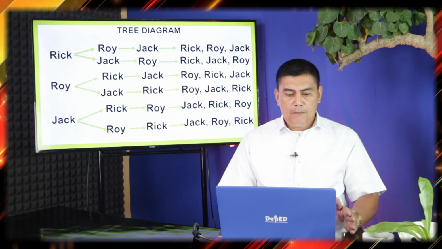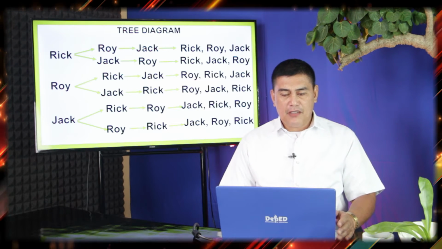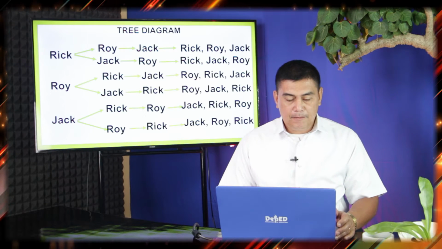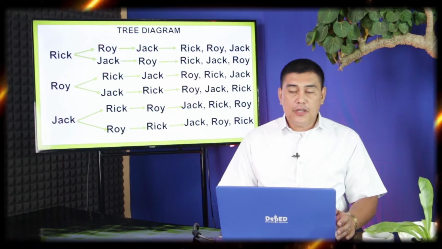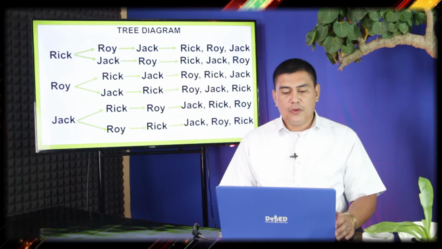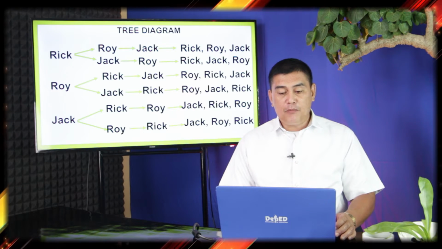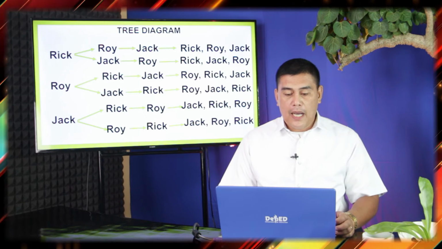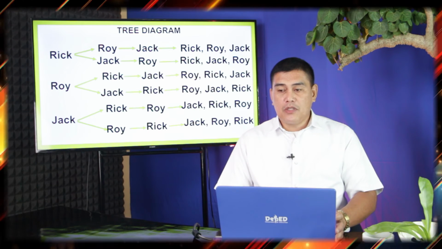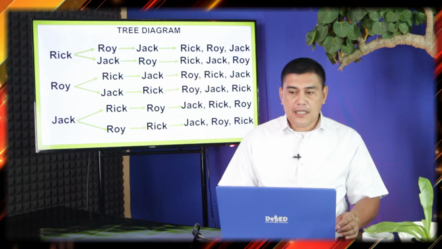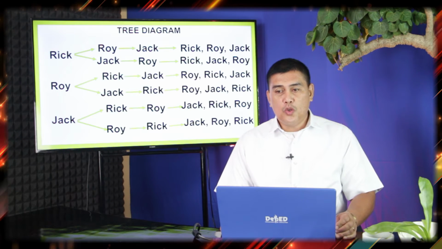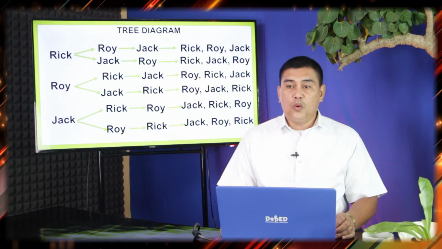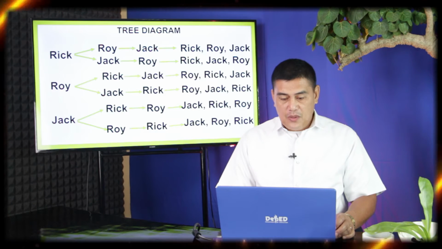Kasi, -1 na tayo kasi meron ng isang nasa kanan. So, sa gitna, we have 2. What about sa left side? Ilan na lang ang pwedeng malagay doon? There's only 1. So, the arrangement would be 3 sa kanan, 2 sa gitna, and 1 sa kaliwa.